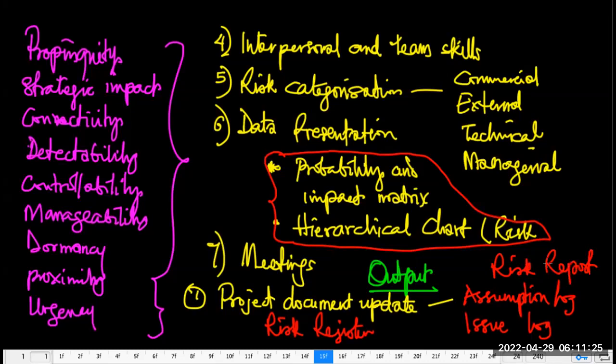What this means is that there's a previous risk report to which you made reference. After performing qualitative risk analysis, there's the need to update that report to a current report.